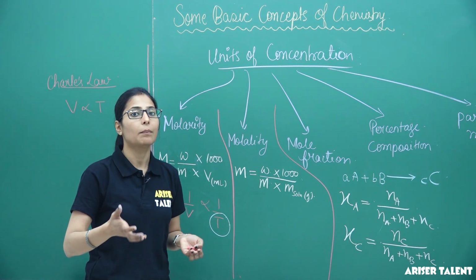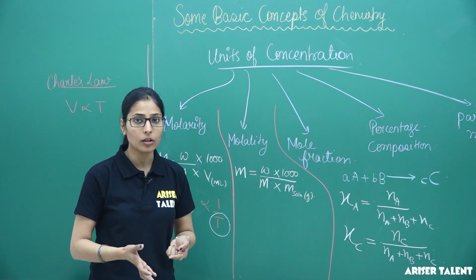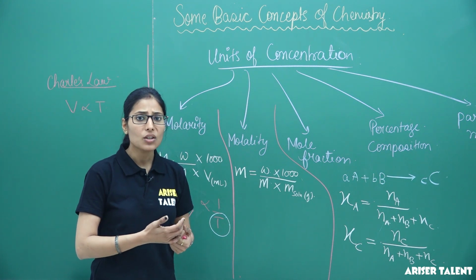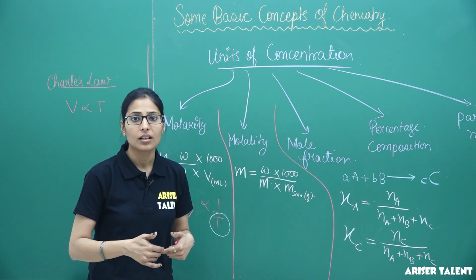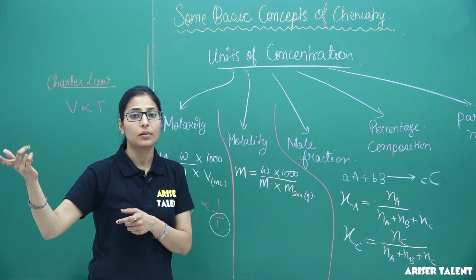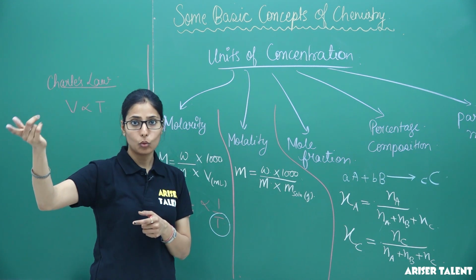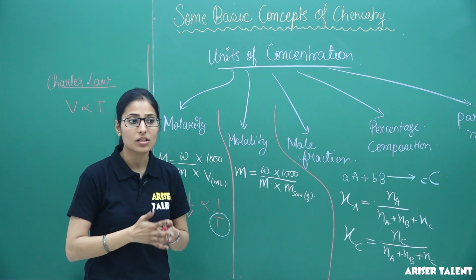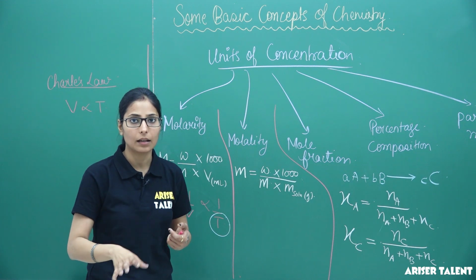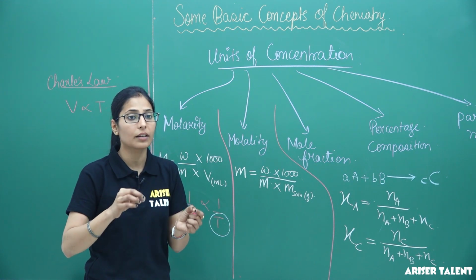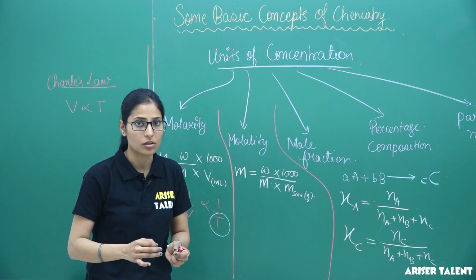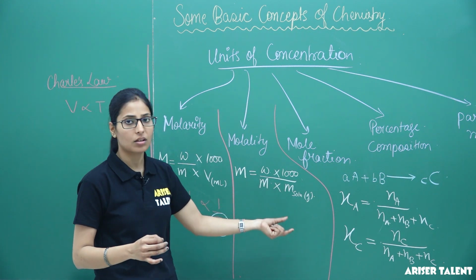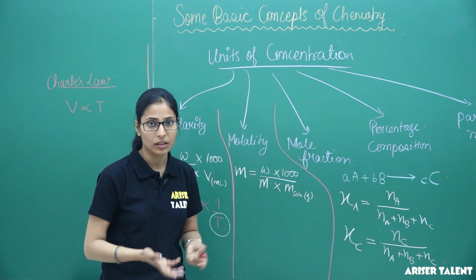You must have studied many times in your physics book that the mass of a person on the earth is the same as the mass of the person on the moon or on any other planet, because it is not dependent on anything. Mass is a constant term, it is not even dependent on the gravitational force. So, obviously, when it is a constant value, it is not going to change with the temperature.